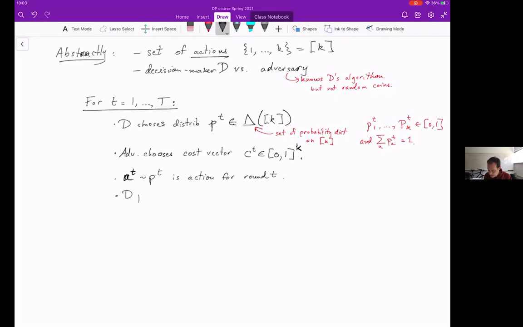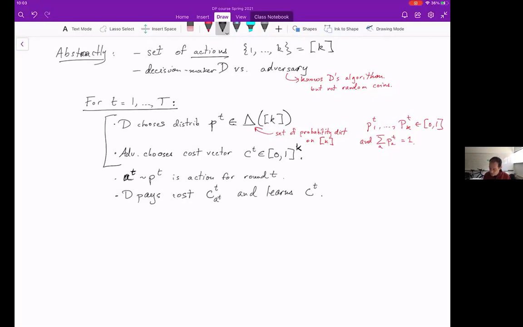And now D pays a cost, which is the cost of that action, and learns the whole vector c_t. Now, so these are the two choices they make, and then this part is the execution of the game.